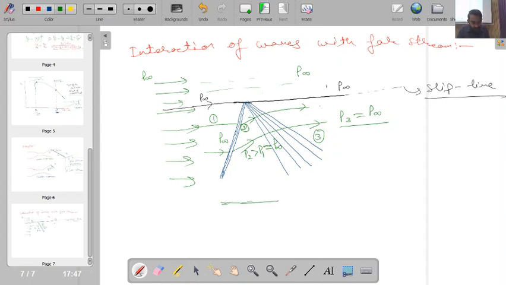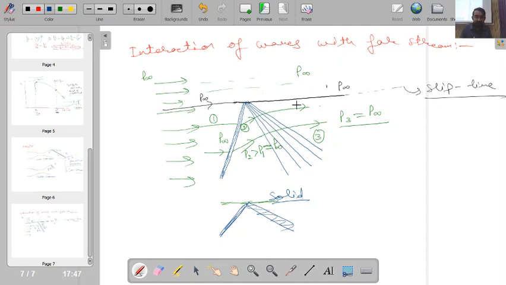If you consider a solid boundary, on a solid boundary, if you have an incident shock wave, it will come back as a reflected shock wave. Okay, so from a solid boundary, if an incident compression wave interacts with it, it will come back as a reflected compression wave only.